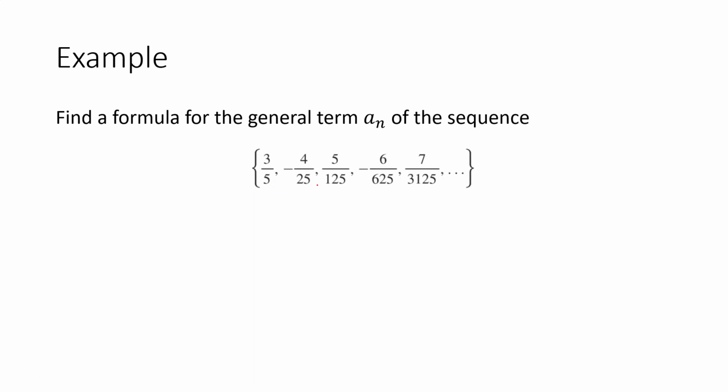The pattern in the denominator might be a little bit trickier to see, but just looking from the first term to the second term, we notice that it's being multiplied by 5.